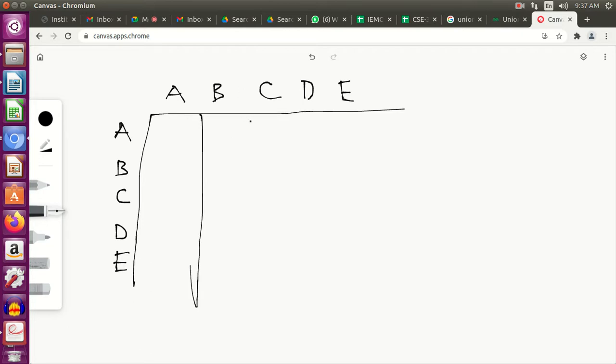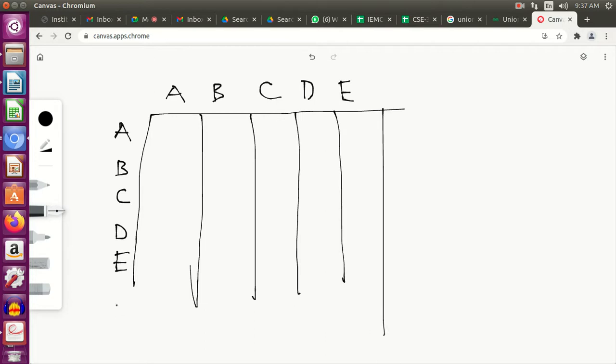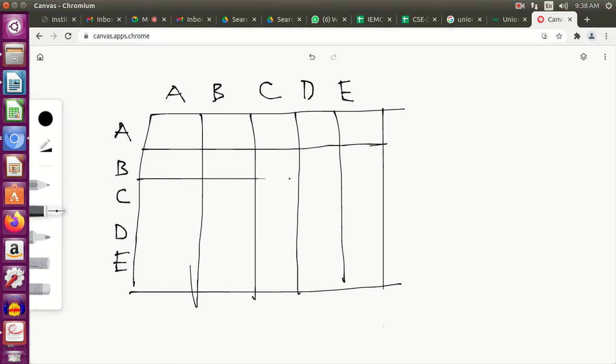Just trying to create a table kind of structure. Okay, so now we have a cell corresponding to each pair of states.